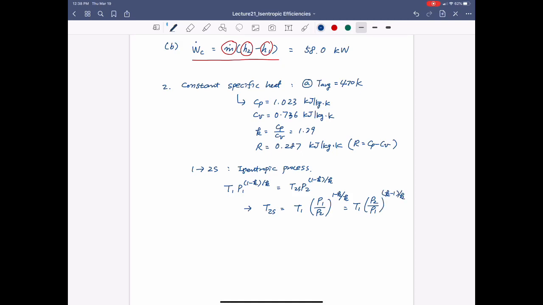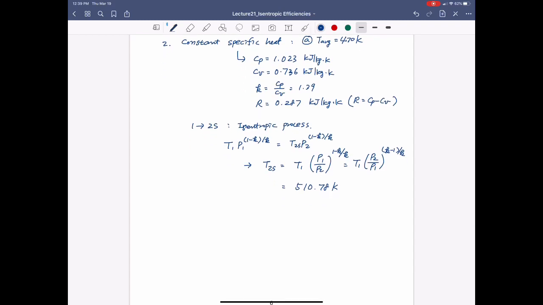So now we have all the values we need to calculate T2S. So from this relation, I can calculate T2S as 510.78 Kelvin.